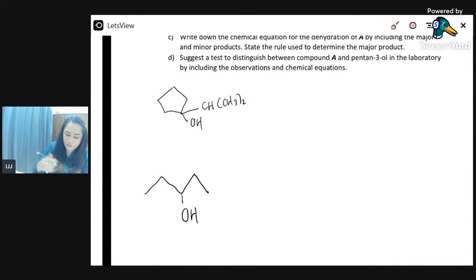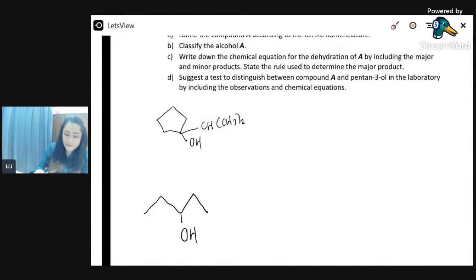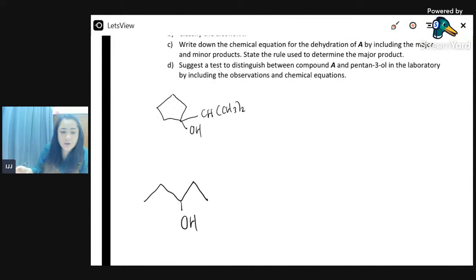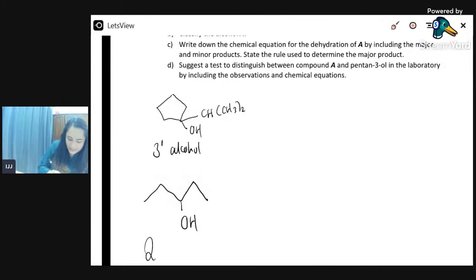Okay, so if you look at the structure, alcohol A is a tertiary alcohol. And if you look at pentan 3-ol, kamu tengok ni carbon ni bonded to another 2 carbon. So this is actually a secondary alcohol. So macam mana kita bezakan tertiary alcohol and secondary alcohol? Yes, we use Lucas test.